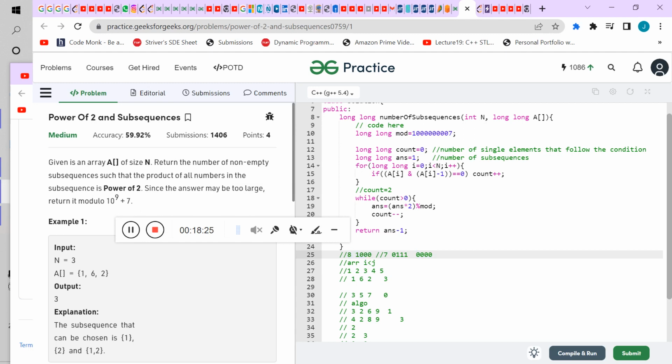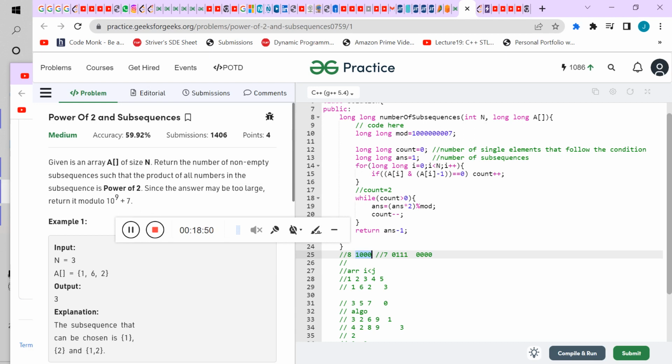So what is the gist of that? If we have any number that is a power of 2, that particular number has only one set bit, and the element just previous to it has all the other bits set instead of that particular bit that is set in that number.